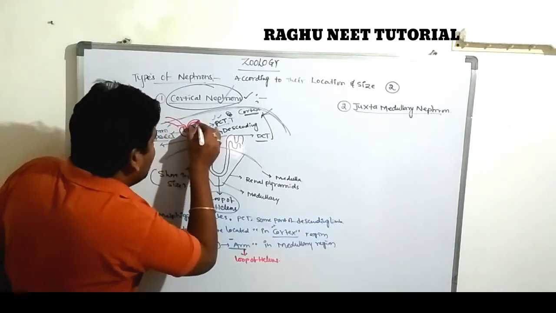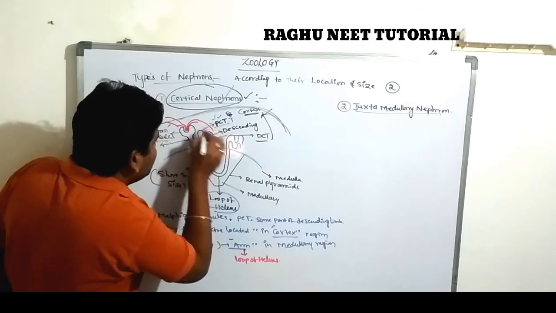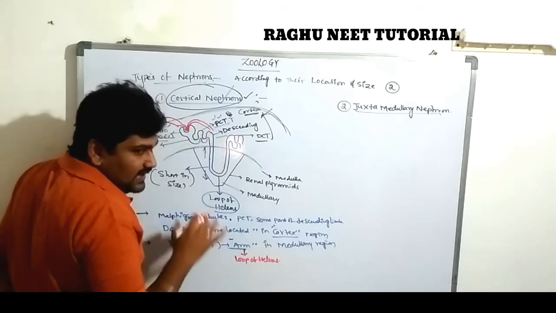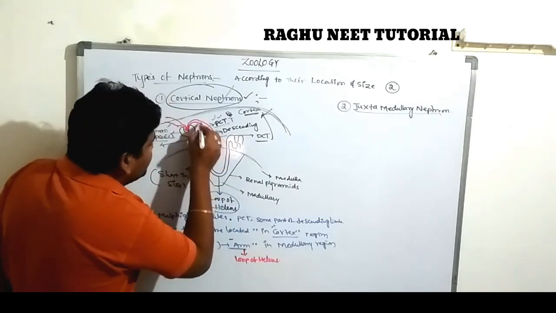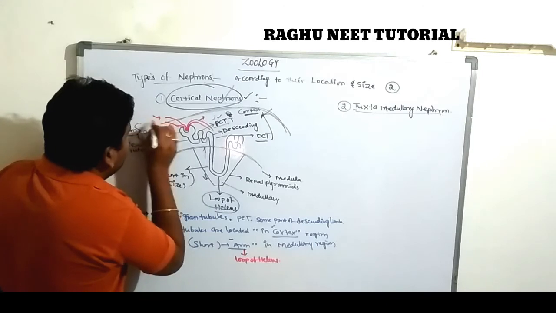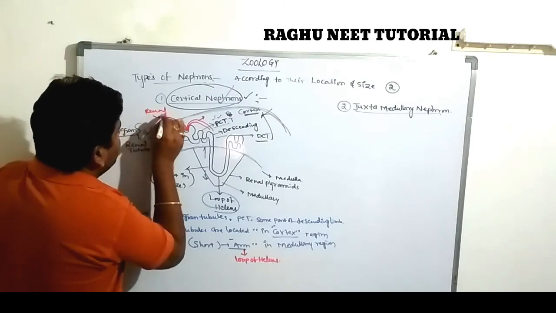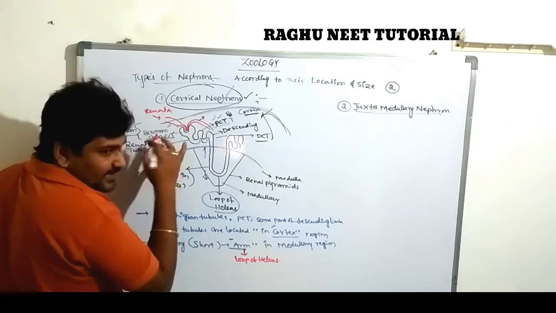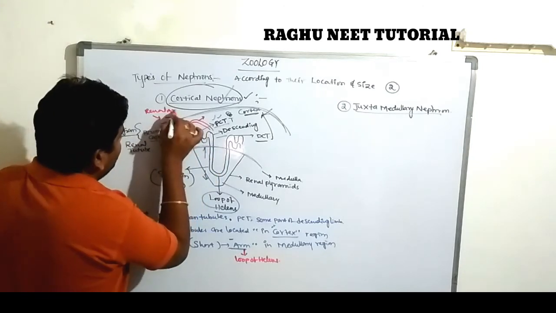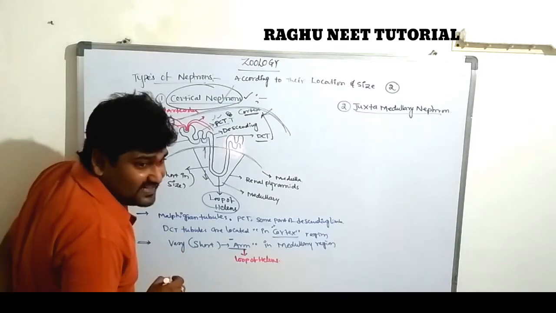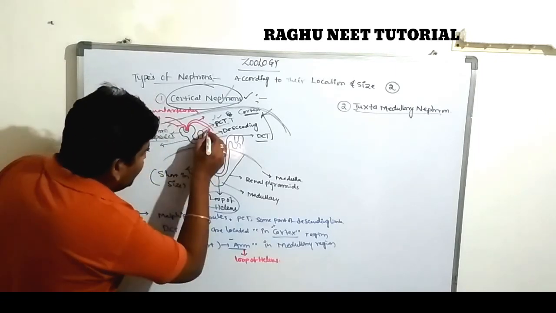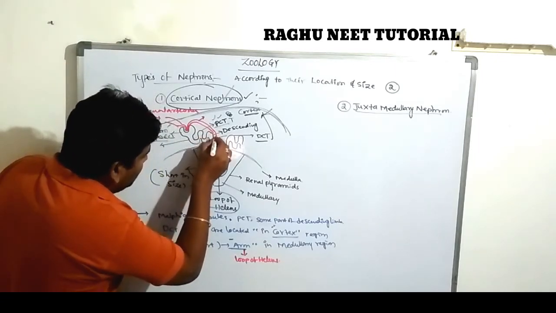This set of capillaries starts with renal arterioles and ends with renal veins.